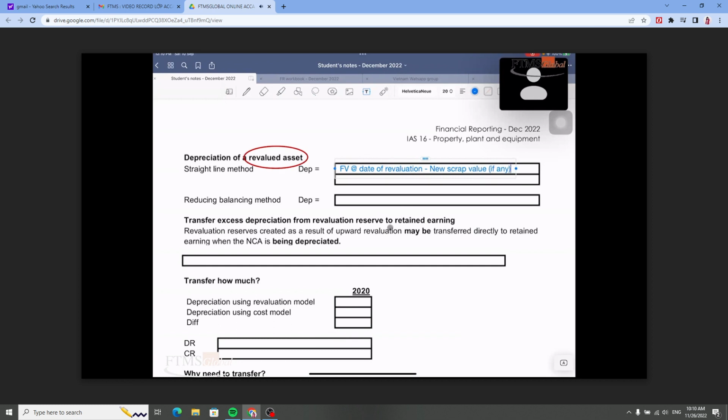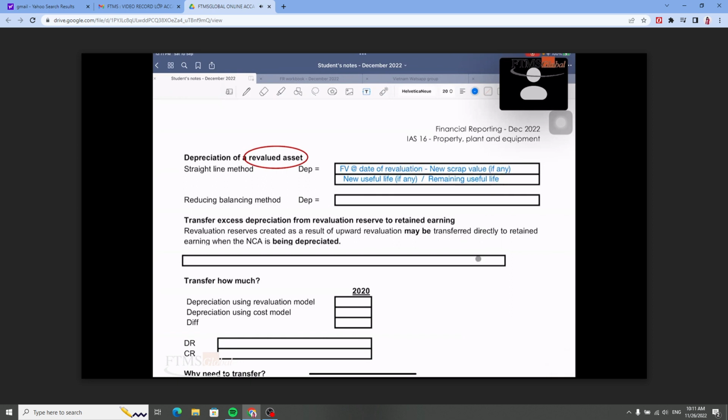Then I will divide by new useful life, if any. If no, then I will use remaining useful life.